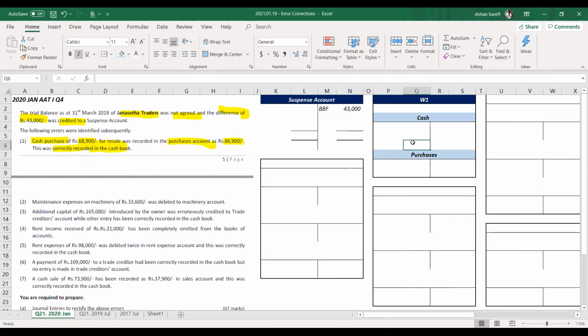So what they have done is cash purchases. The double entry for cash purchases is cash account credit, purchases account debit. Right. So the cash account is correctly recorded as 68,900.